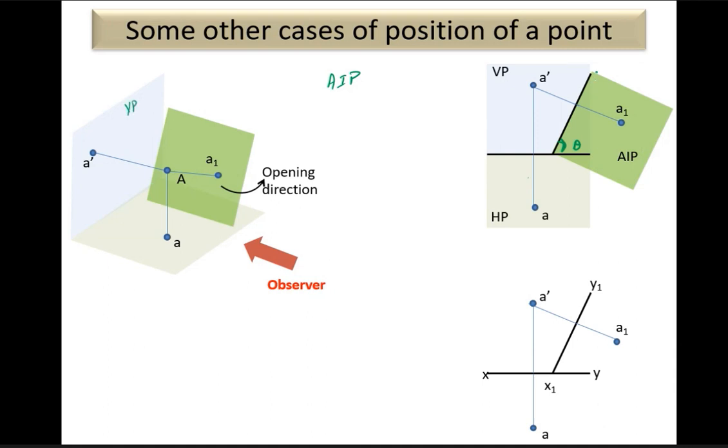So we will get our auxiliary inclined plane projection in VP. Right? Sir, I'm not able to understand. Okay, fine.